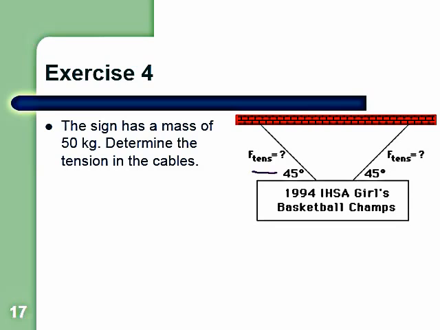Okay, so looking at the question, we have the sign having a mass of 50 kilograms, yet we're discussing forces, so we've got to find a way to convert a mass into a force. And what we're going to do is use Newton's second law, where force equals mass times acceleration, and the special force associated with mass, of course, is weight, W, and that equals the mass times gravity.